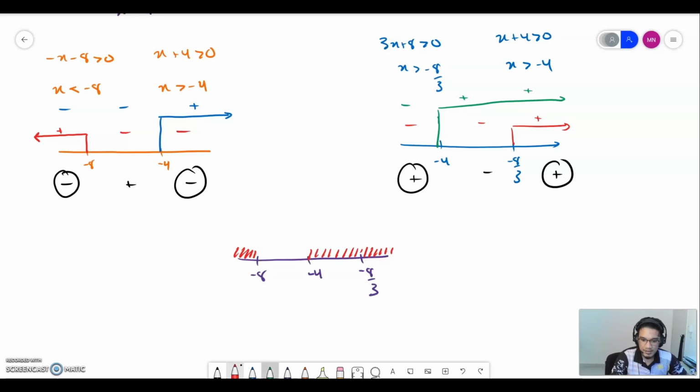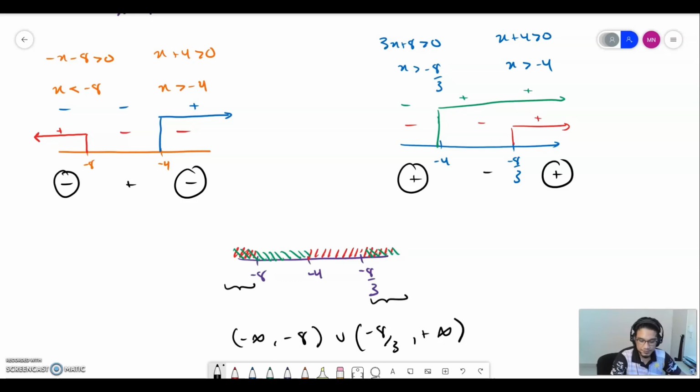Next, from the other region we have from negative infinity until −4, and then from −8/3 until positive infinity. So the regions that intersect are in these two regions: from negative infinity until −8, union −8/3 until positive infinity. So this is our answer.